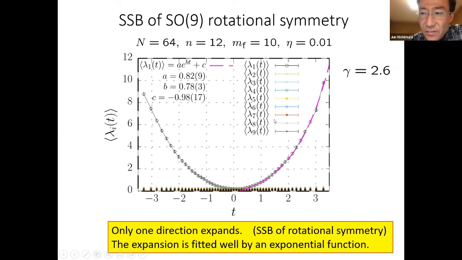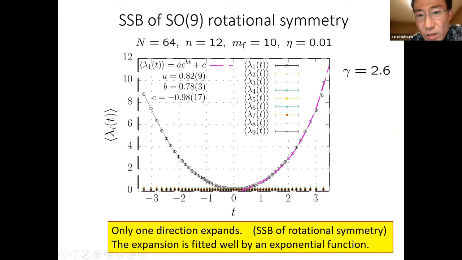Now, another interesting point is the SSB of SO(9) rotational symmetry. Let me remind you that we are using MF equals 10, so we are quite far from the supersymmetric point, but then we find that the eigenvalues of the moment of inertia tensor, these are the extent of each direction of space-time as 9-dimensional space.